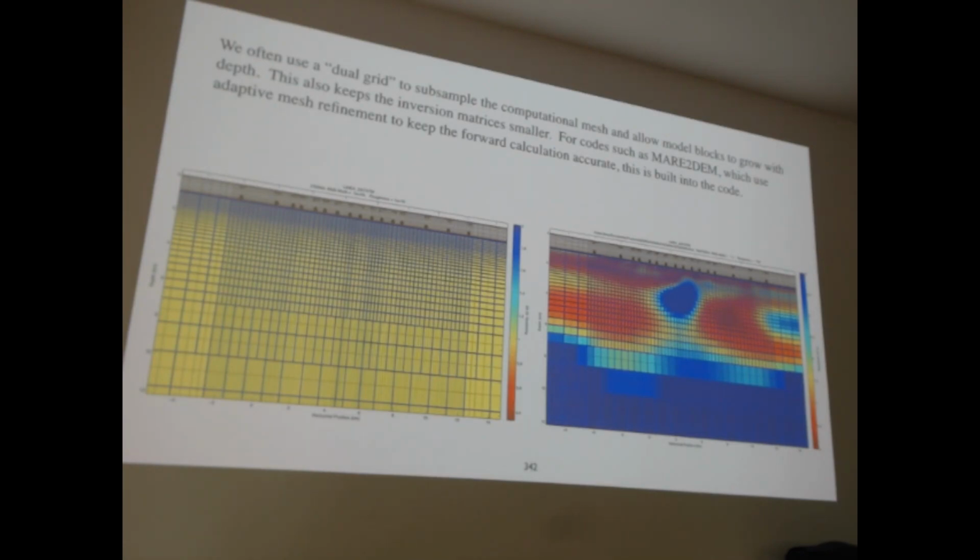And that's called a dual grid. In this case down here, I made the model parameters big, and there are maybe 4 or 8 forward calculation nodes inside each of them.